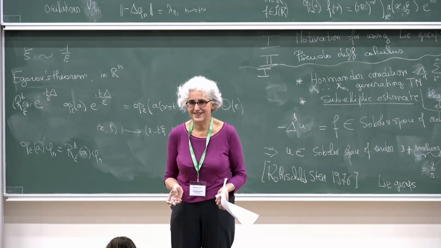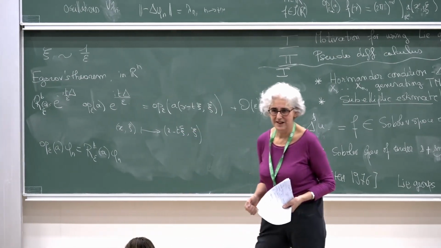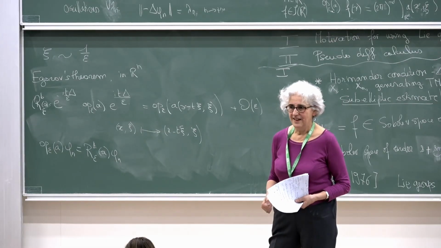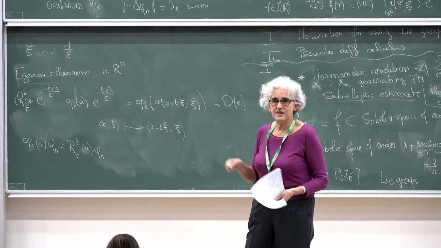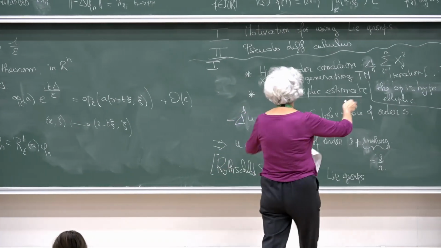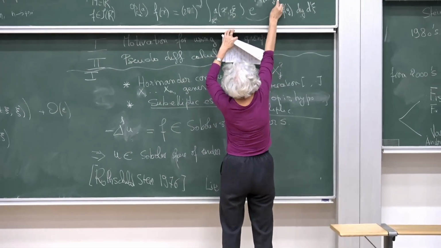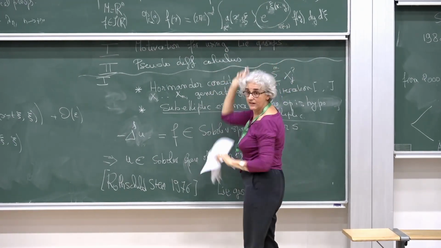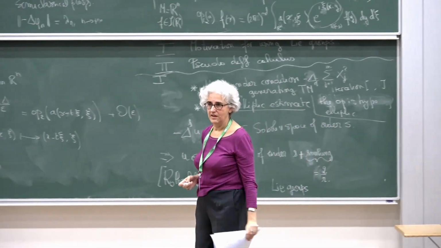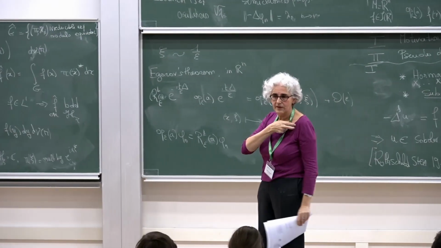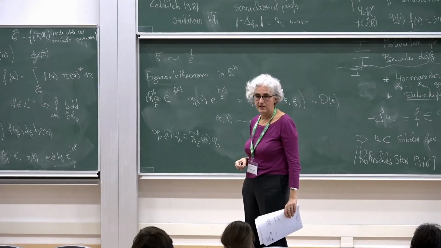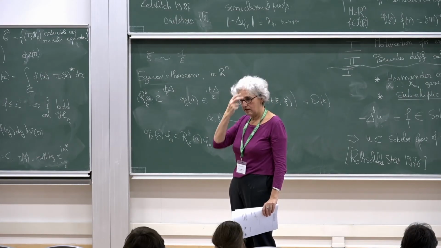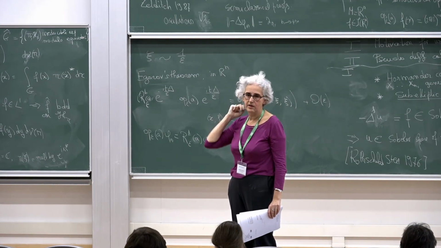Maybe you have met them. And so it's just the same. This is the pi of x minus y. So whenever your G is abelian, it's going to look like that. It's going to look like e to the i x xi.